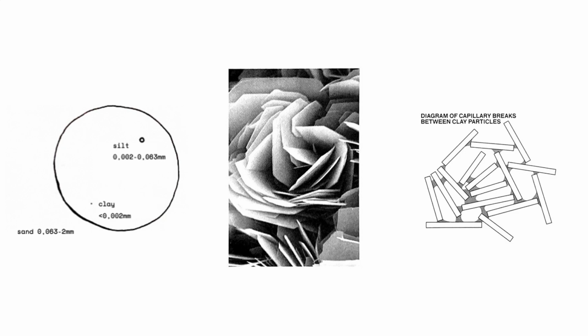So it's not something that we manufacture. It's something that we find, and it's quite available around the world. And it has a crystalline structure. So when we're working with clay, we are working with these faces or plates, and the structure that is generated between them.